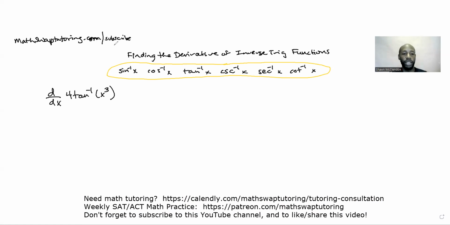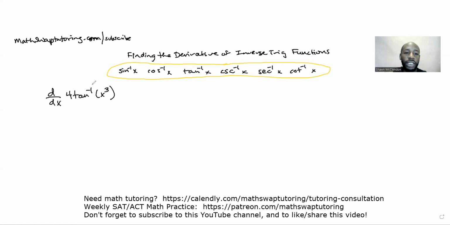But because the argument of the tangent inverse is x cubed, we're going to need to use the chain rule, which is the derivative of the outside, 4 tangent inverse, times the derivative of the inside, which is that x cubed part. You might want to watch my video on the chain rule to get refreshed on that. I'm just going to assume that you already know that.